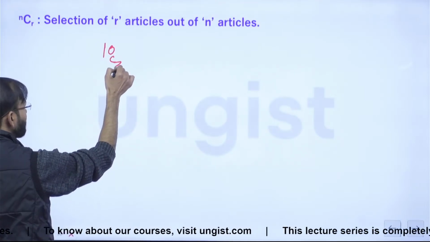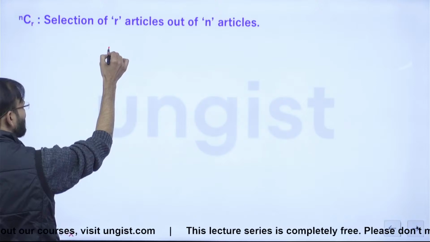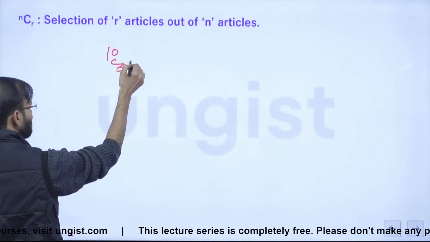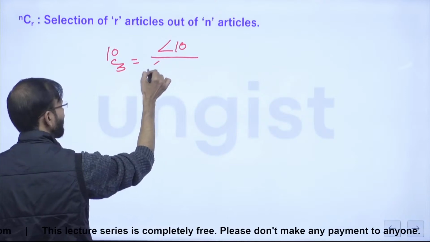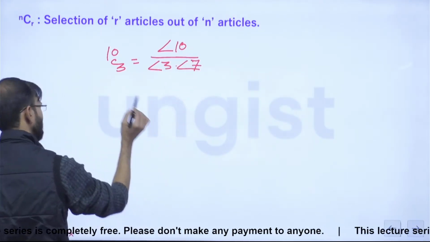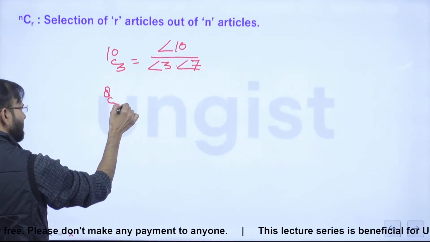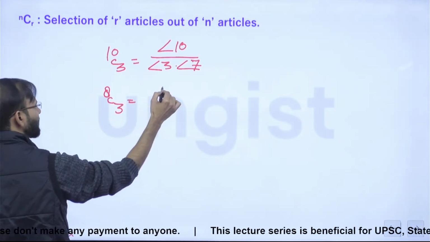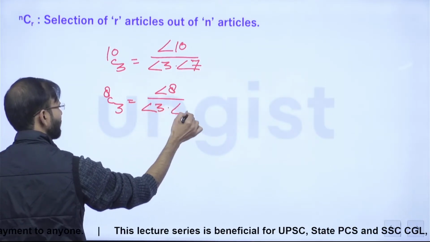10C3, everybody. Factorial 10 should be coming here, then factorial 3, and then factorial 7. Okay. 8C3: 8 factorial, 3 factorial into 5 factorial.